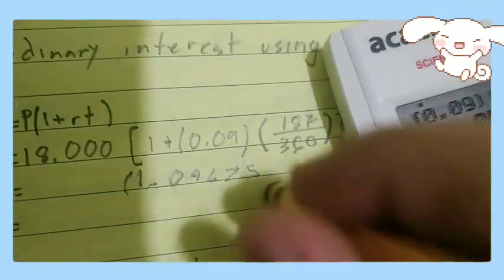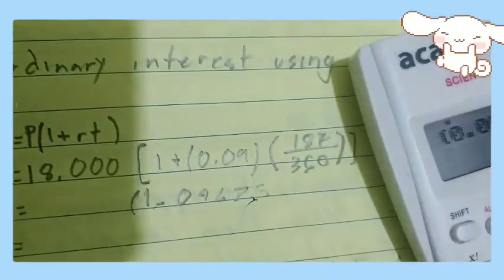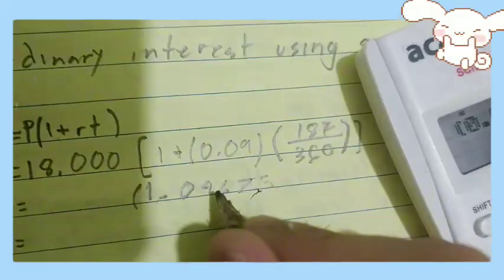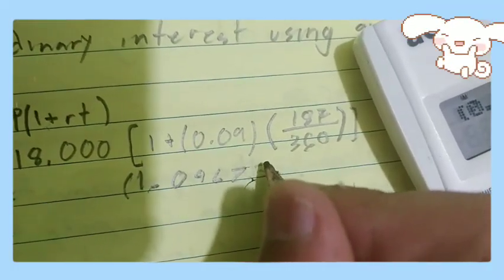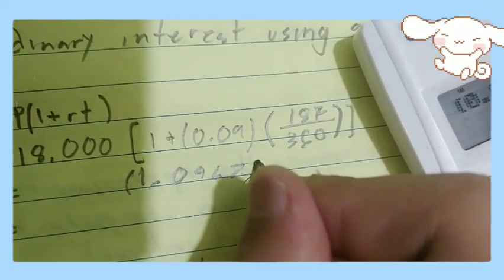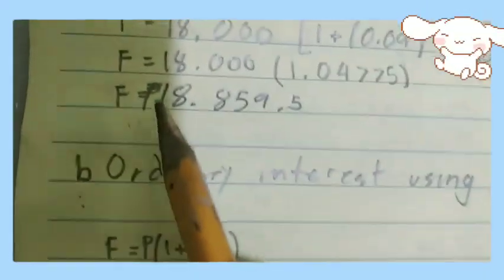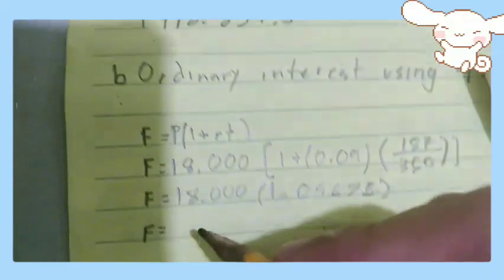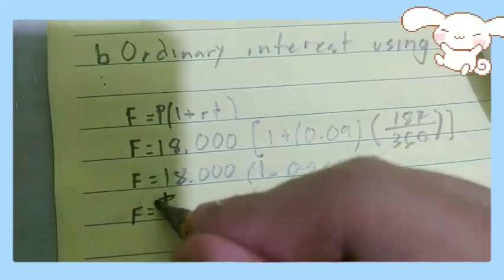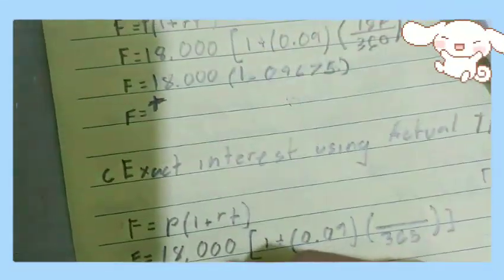Oh, sorry, there's no point, there's just a 5. So our answer will be 4,675. There. Oh, I almost forgot. You have to put your currency sign here always. And I'm going to put another one here so I won't forget, and also in the remaining parts.